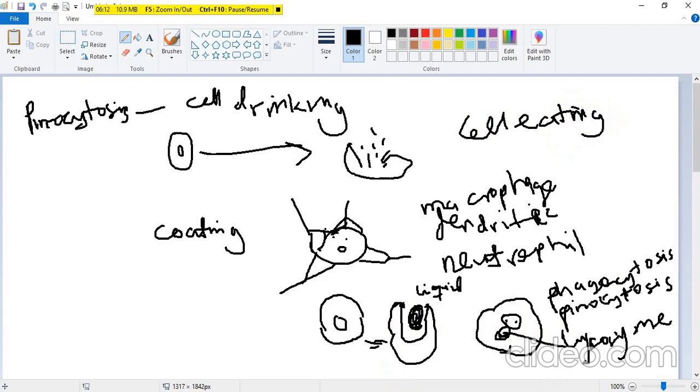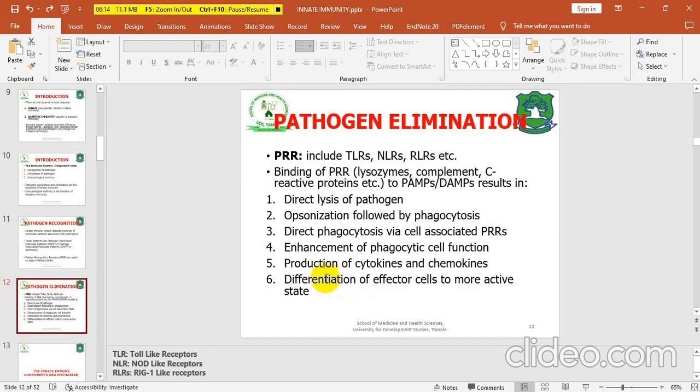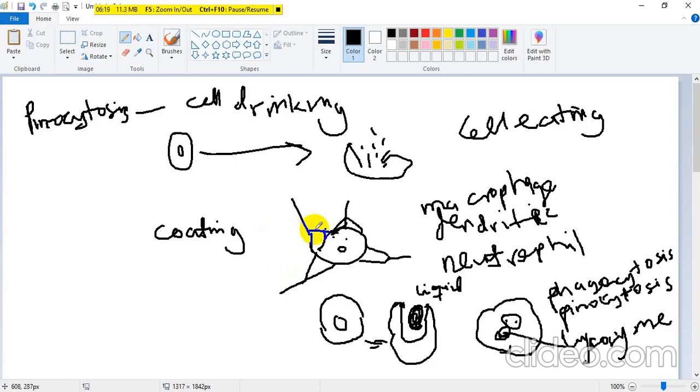Okay, let's continue. Opsonization is coating. So when we coat the surface of a virus with antibodies, or with complement, the complement we use for coating is C3b. C3b complement is a protein. It will coat the outside of the plasma membrane of the organism.